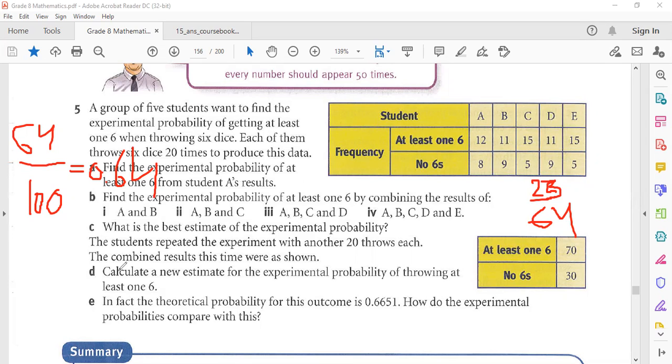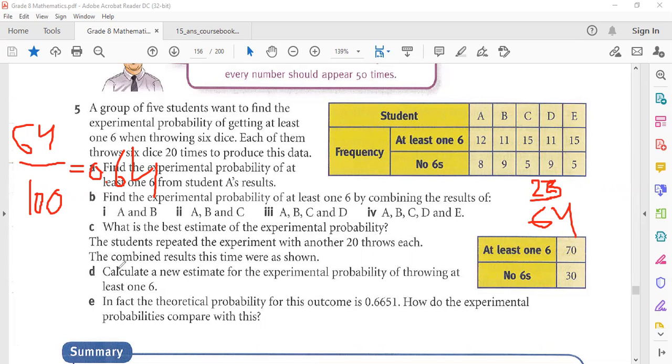Calculate a new estimate for the experimental probability of throwing at least one six. Okay, at least one six means we need to put 70, at least one six will be 70 and no six will be 30. So accordingly, we will solve this.